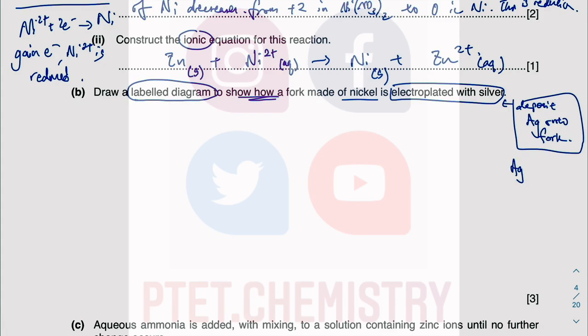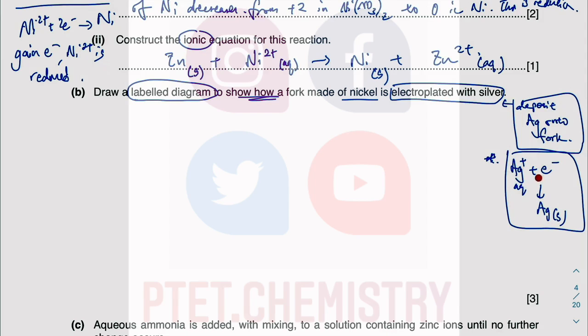Your half equation is you go from silver plus, you add an electron, because silver 1, you just add 1 electron, you go to that. Where do you want this to happen? I want to deposit silver solid. Therefore, I start from this electrolyte. This is soluble in the electrolyte because that's the only way the ions can move around, right?